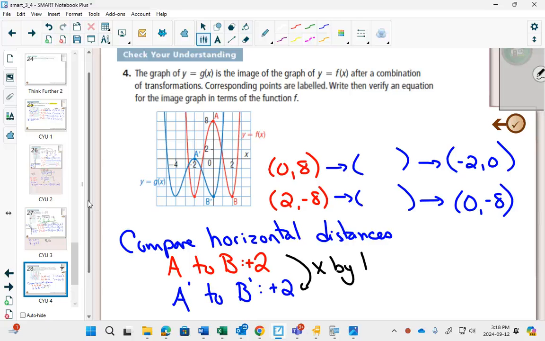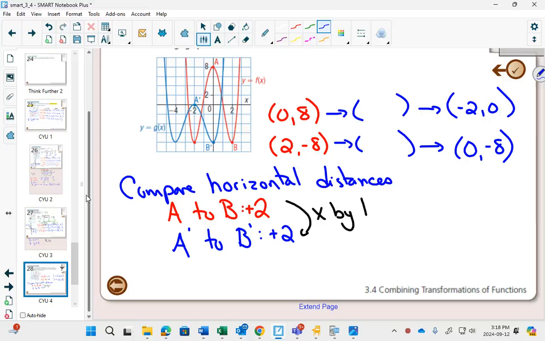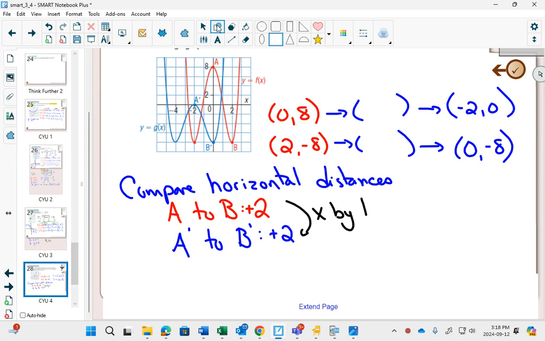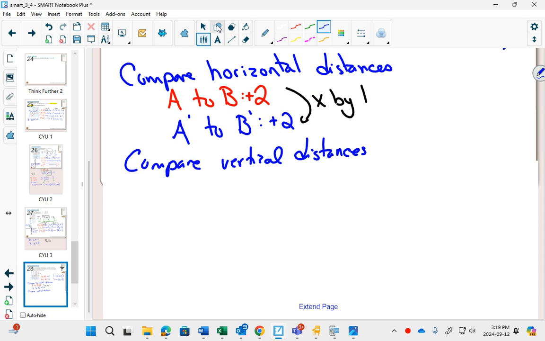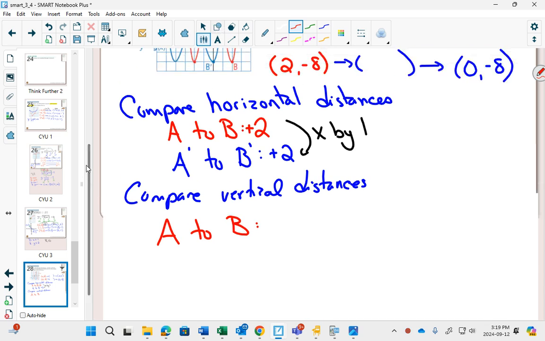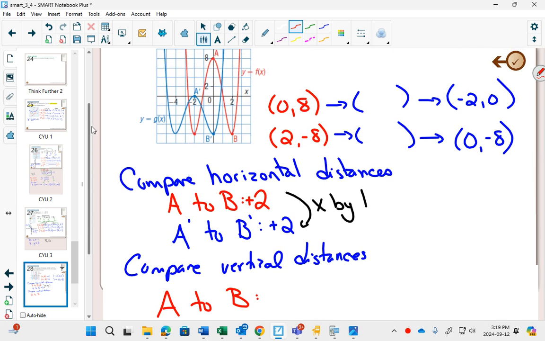I will also compare the vertical distances. So again, on my red graph, if I look at starting at A and going to B, can you see that I'd be going down?